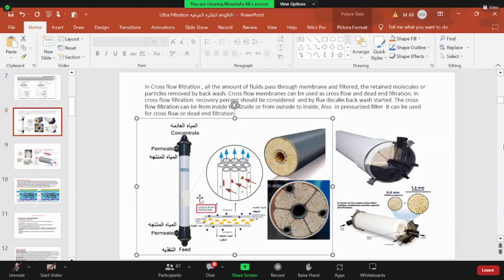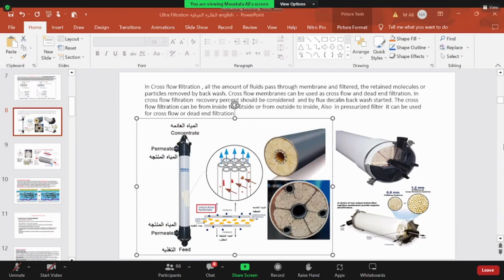So in such a case, what do we call this type of filtration? Cross-flow or dead-end filtration? Somebody answer? Of course, we call this cross-flow filtration. In this cross-flow filtration, as we see here, the water or the fluid passes from the bottom side to the upper side.